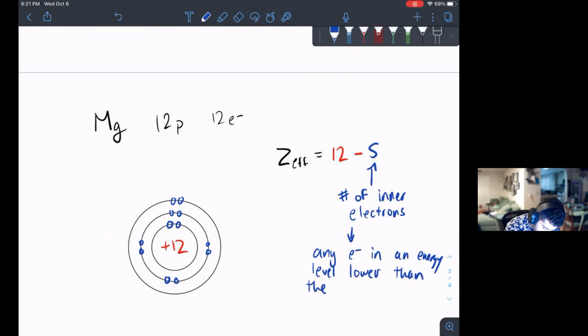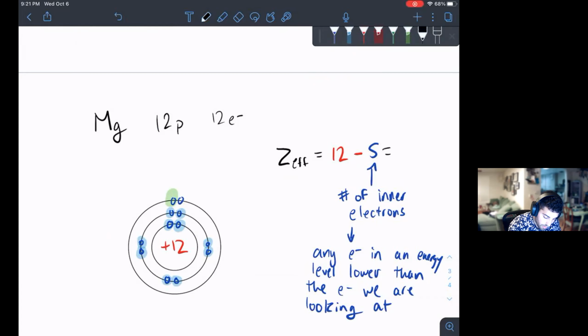the electron we are looking at. So right now we'll go ahead and look at this outermost electron. And so for the shielding, we have to count 1, 2, 3, 4, 5, 6, 7, 8, 9, 10. So our equation becomes pretty simple.